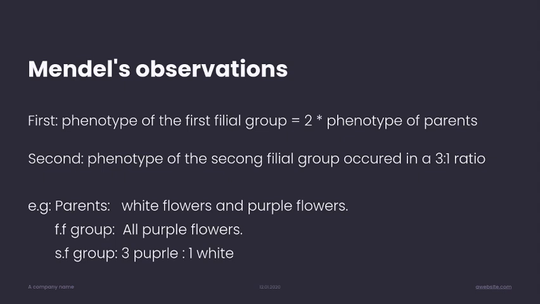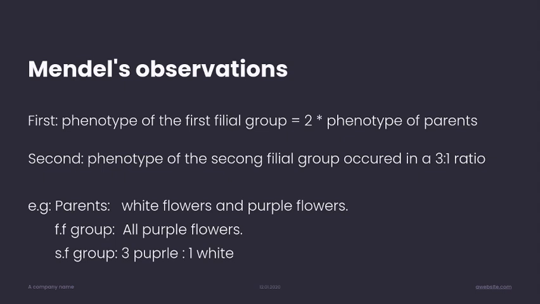So, for example, if the parents had white flowers and purple flowers, and assuming, of course, that they were of equal numbers, so 50% white flowers and 50% purple flowers, when Mendel mated the plants of these two flowers, the first filial group, or the first generation of offspring, all had purple flowers. That explained the first observation.